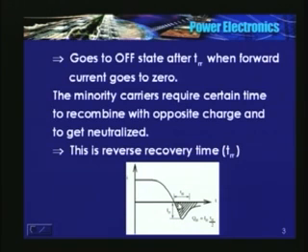Say the maximum value of the current in the reverse direction is IRR. So TRR is the time from this point to 0.25 of IRR. I am assuming this point is 0.25 of IRR, and this current is the leakage current, which is very small.